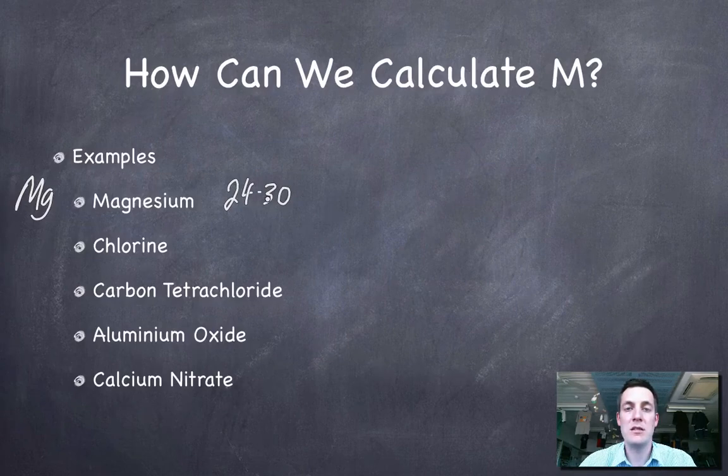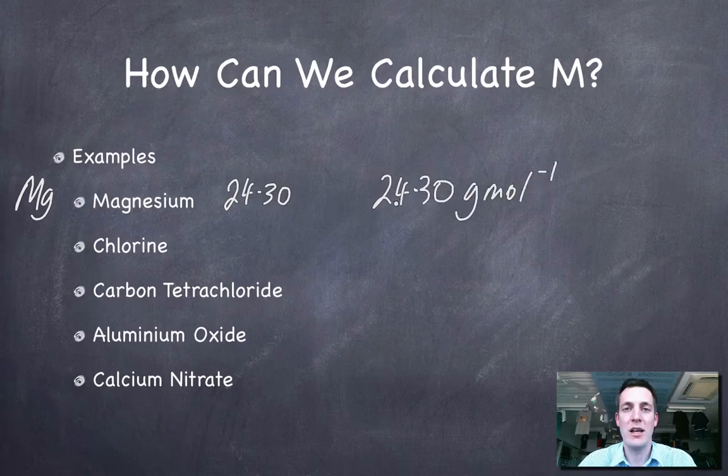That means that every mole of magnesium weighs 24.30 grams. Because there's only one magnesium atom here, I'll just take one of these and it's 24.30 grams per mole. Now, strictly speaking, if I was asked for the relative formula mass here, I wouldn't need to put a unit because it would be a relative quantity, but I'd have the same number.